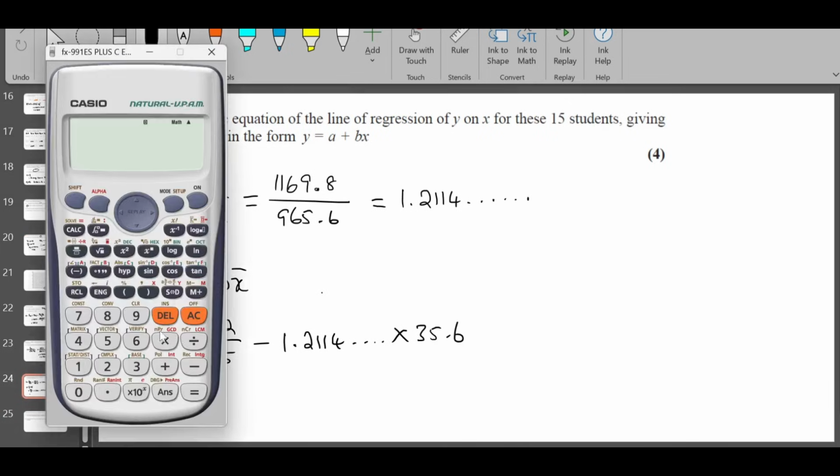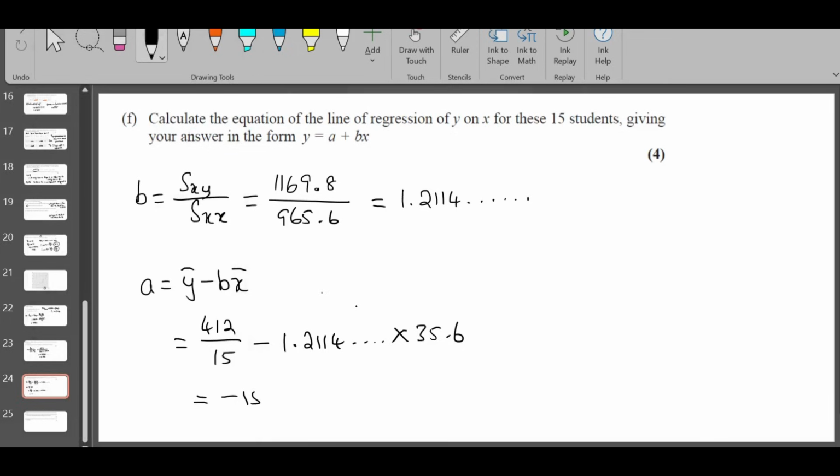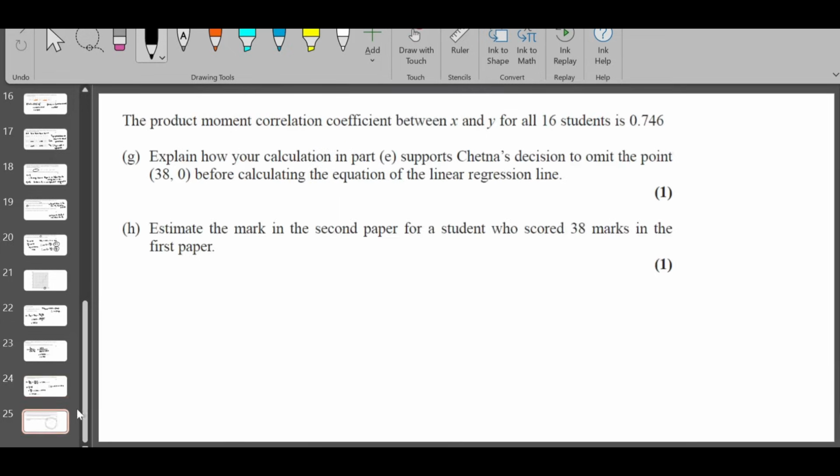So let's find a now. 412 over 15, y bar, minus b, I stored the value as B, times x bar, minus 15.661 dot dot dot. Therefore, the regression line, rounding the values of a and b to 3 significant figures, is y equals minus 15.7 plus 1.21x. That's all. Let's look at the last part of the question.